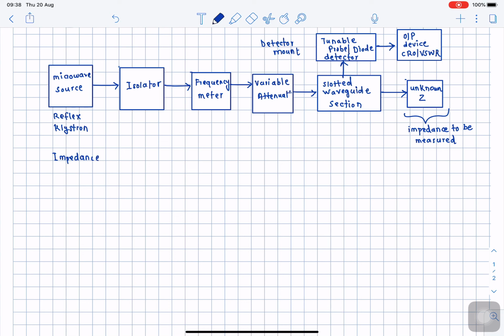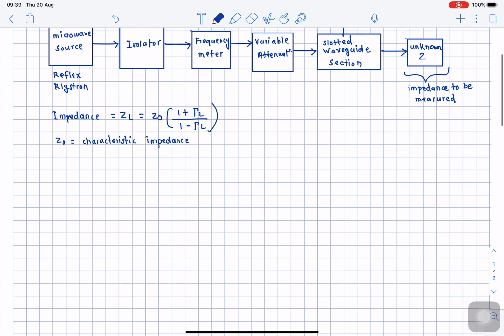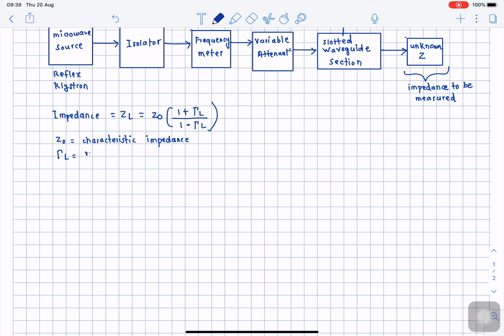The impedance, ZL, is calculated using the formula ZL equals Z0 times 1 plus reflection coefficient gamma L at the load, divided by 1 minus gamma L. So this is the simple equation with which we can calculate the value of the complex load impedance ZL, where Z0 is the characteristic impedance, and gamma L is the reflection coefficient of the unknown load, or rather I will write unknown complex load.